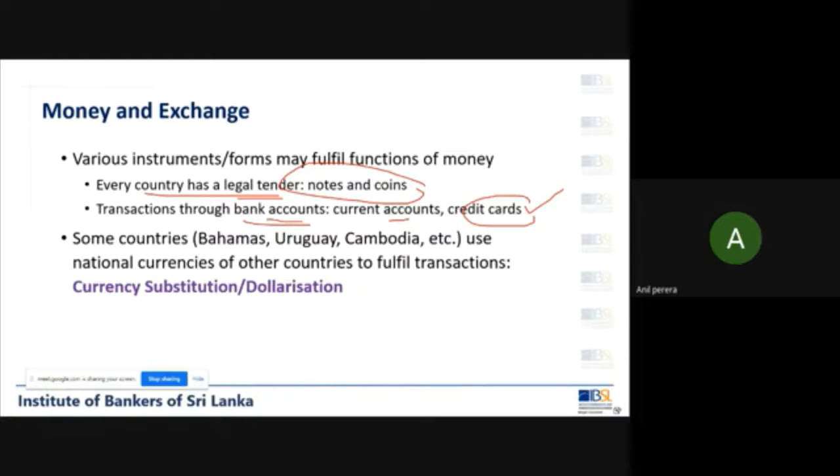Now, for example, if you go to a shop in Cambodia, when you do a transaction and when you fulfill the transaction, you give money to the vendor. I can't remember what is the Cambodian currency. Does anyone know?